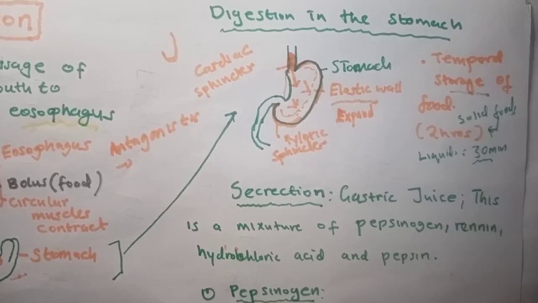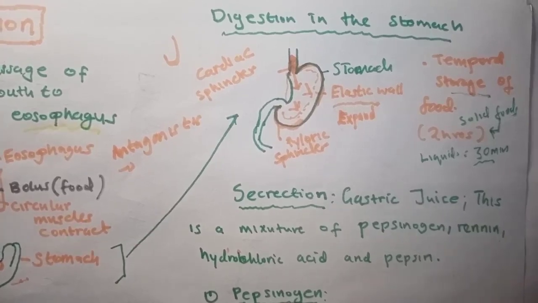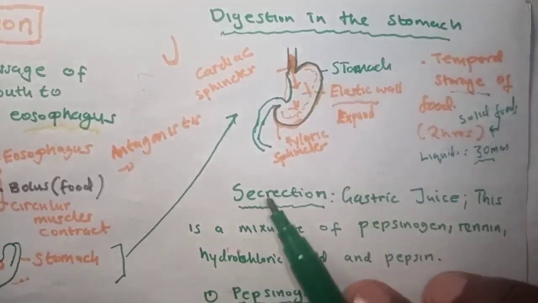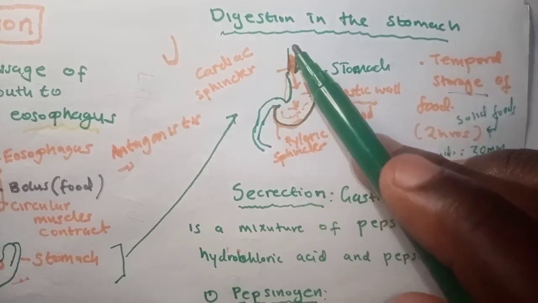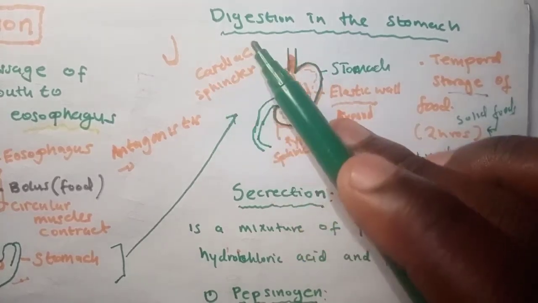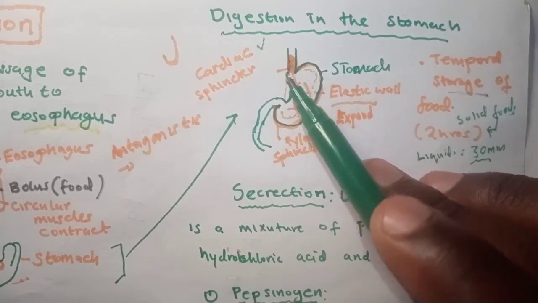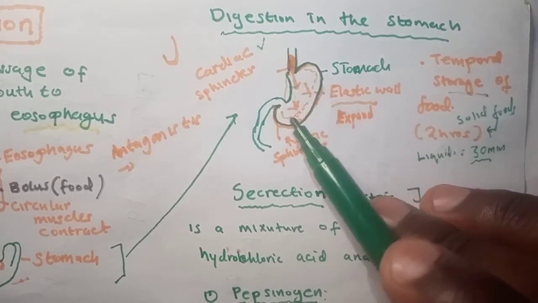Now as this food is stored here, digestion will continue to take place, which is the breaking down of food into simple soluble molecules. There is a sphincter here that we call the cardiac sphincter. Once the food comes, the cardiac sphincter relaxes, allowing the food to come into the stomach.